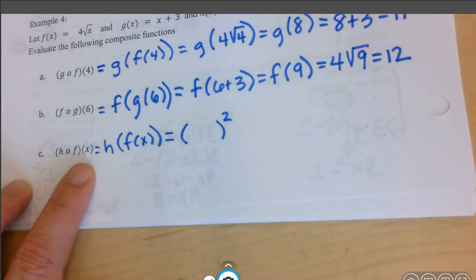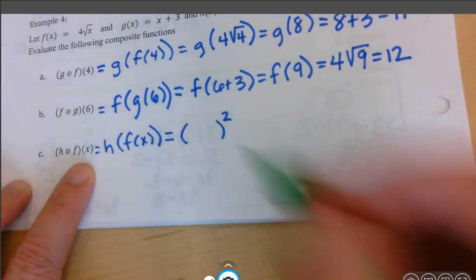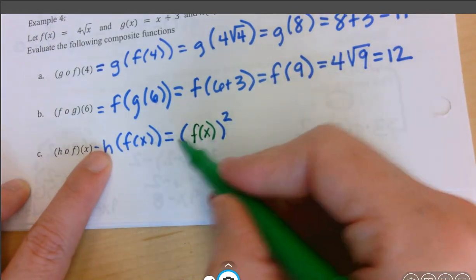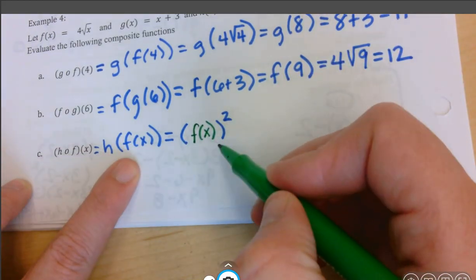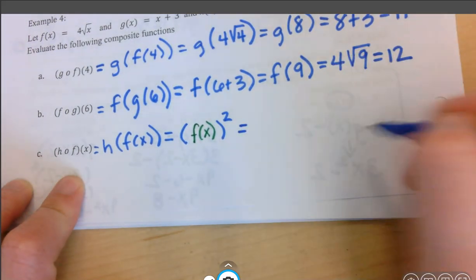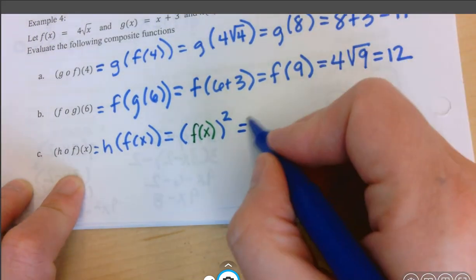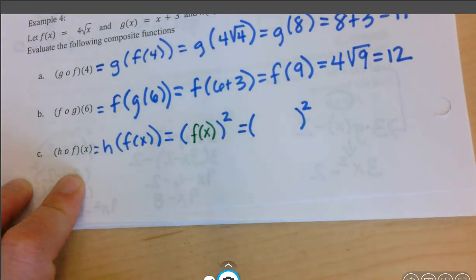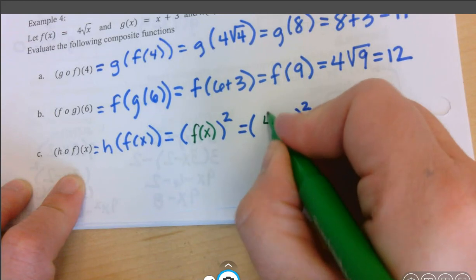I'm going to square my inside function. Okay, so my outside function says to square my inside function. And then my inside function, I'm going to replace f of x with what that is. So it's 4 root x.